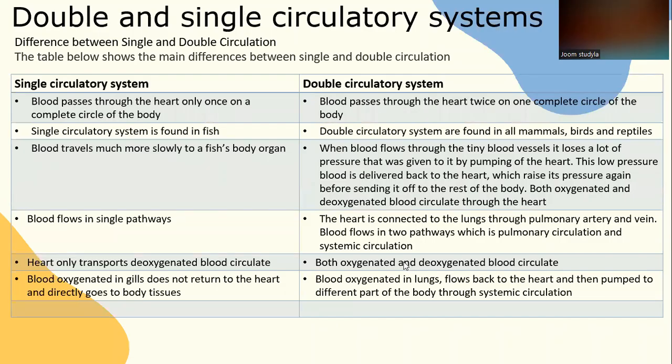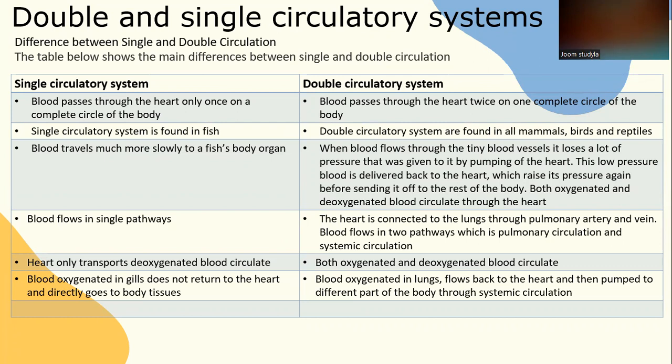This slide describes the differences between single and double circulation. In a single circulatory system, blood passes through the heart only once on a complete circle of the body.